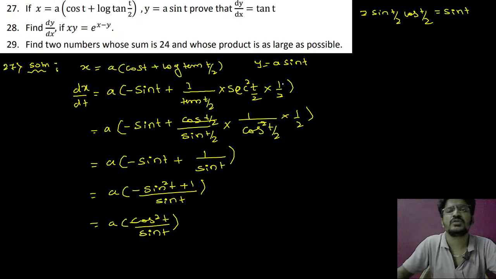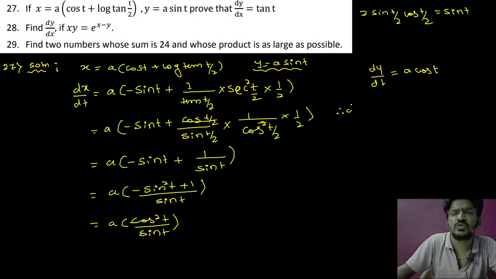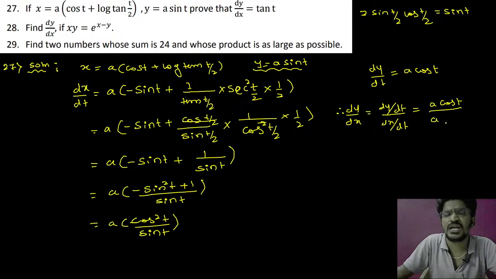Okay, very good. So now you can differentiate dy by dt. What will it be? A into cos t. So therefore, to write dy by dx, that will be dy by dt divided by dx by dt. dy by dt is a cos t divided by a times cos square t divided by sin t.